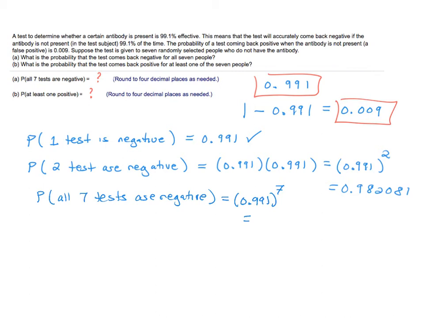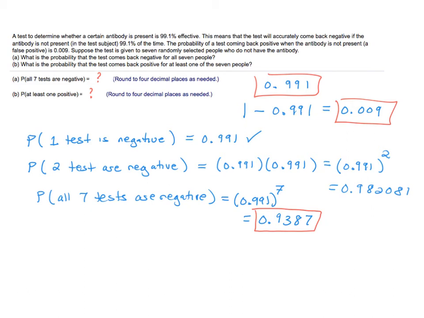Okay, when I do that, I get 0.93886, but that 6 gets rounded up to a 7, and this is going to be the answer for part A. So the probability that all 7 tests come back negative was just a matter of multiplying this probability to itself 7 times. That's where this exponent of 7 came from, and this value I got simply by looking at my calculator.